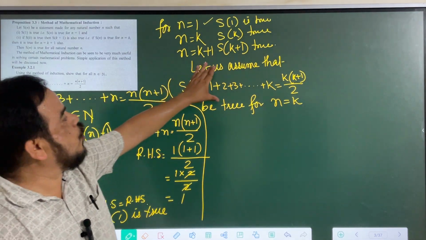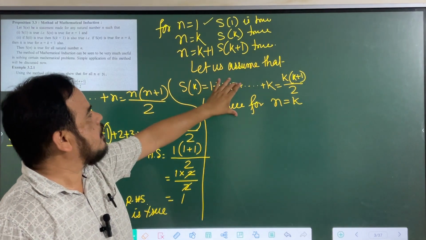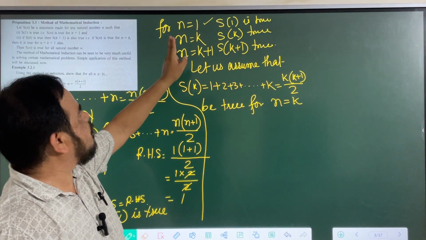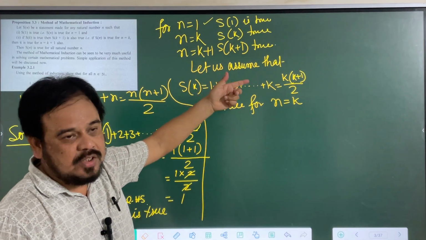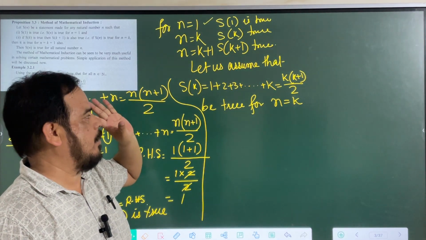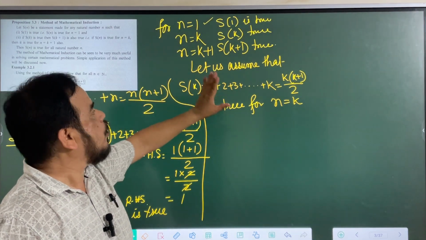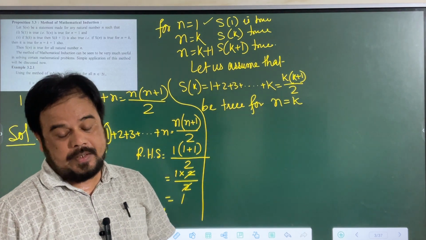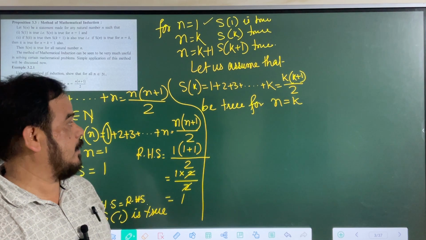So this is assumed: n equals k is true. We have assumed that by putting n equals k, Sk will be true. So for n equals k, we don't have to prove anything. We will prove whether n equals k plus 1 is actually true or not.